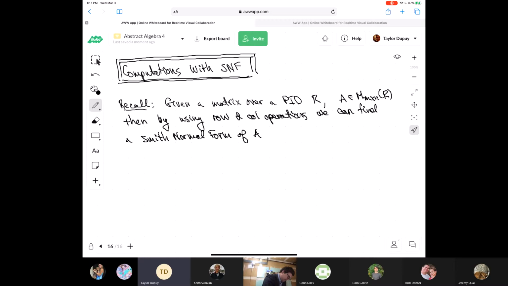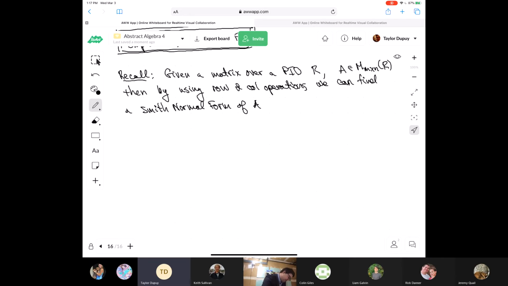So that means that we will have PAQ is S, and this thing looks like a bunch of diagonals, and then a zero matrix here.